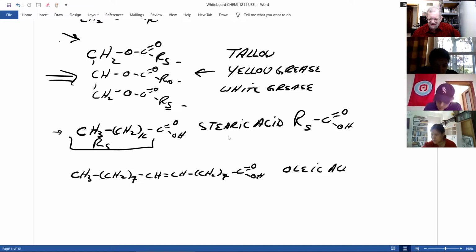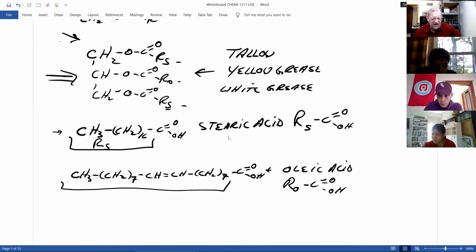I just did it. All right, oleic acid is this structure, but you can abbreviate it like this. And this we'll call R sub O. So what this means is, here's a fat or oil, triglyceride, made up of oleyl and stearyl R groups.